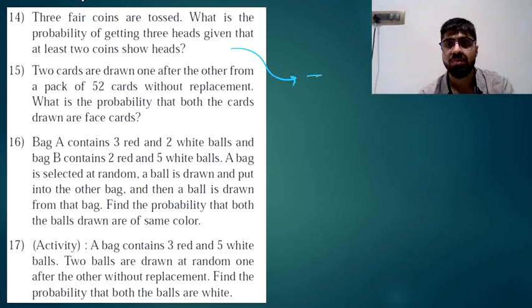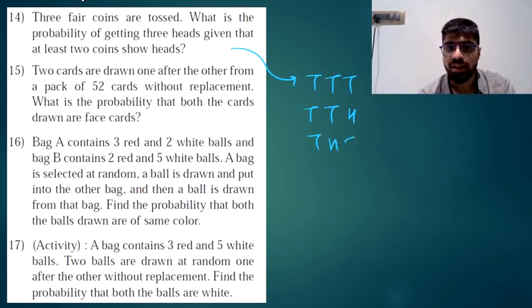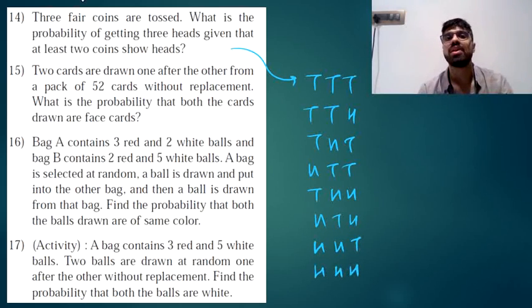With 3 coins being tossed, there are 8 outcomes which you can have: TTT, TTH, THT, HTT. Then there is THH, then there is HTH, then there is HHT, and finally there is HHH. These are 8 possible outcomes, okay?